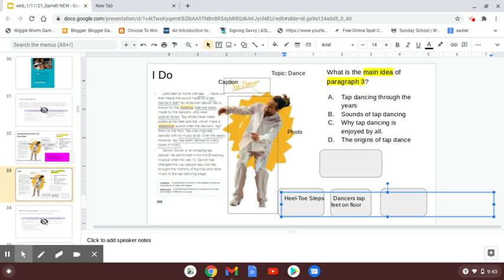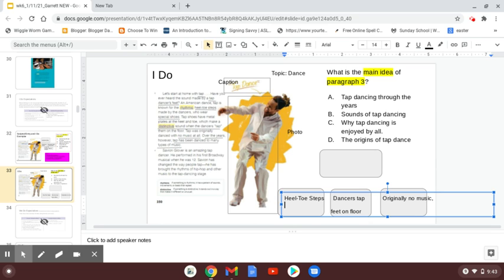Last but not least, I'm going to add my last detail, and that's that originally they did not use music, but now over many years they have danced to different types of music. Originally, no music.